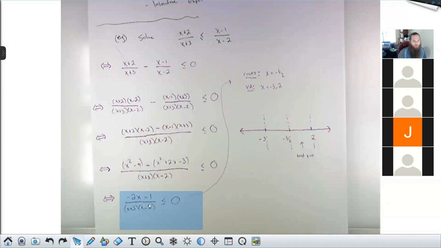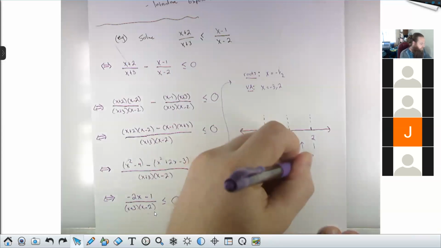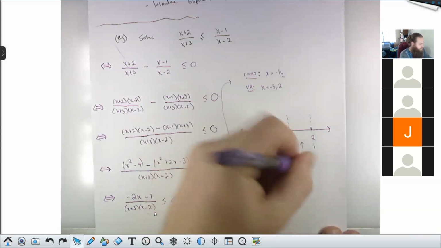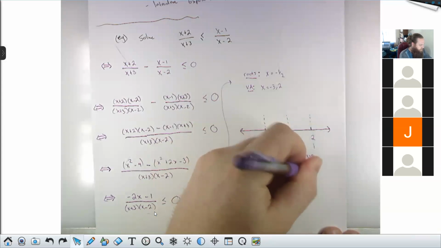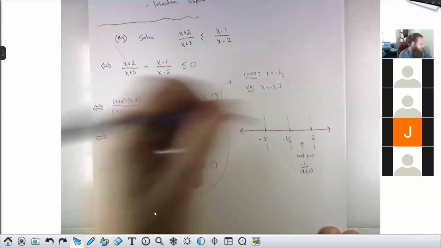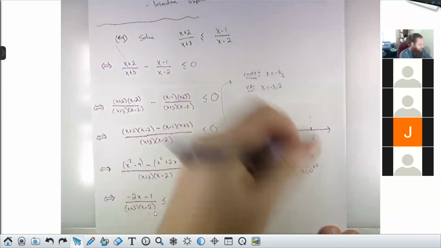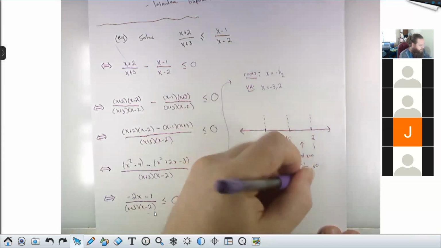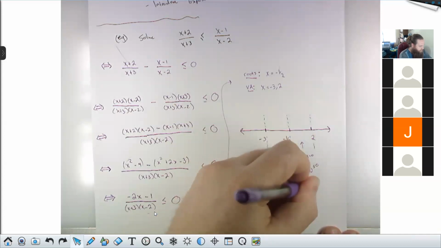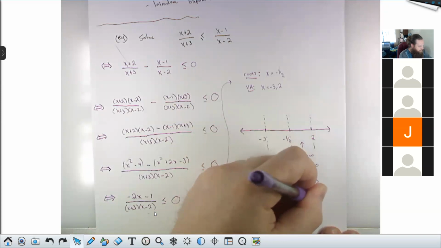If you plug 0 into this inequality, the top is -1, and the bottom is 3 times -2. So this would be -1 over +3 times -2 is less than or equal to 0. And that's the same as saying -1 over -6, less than or equal to 0, which is the same as saying +1/6 is less than or equal to 0.